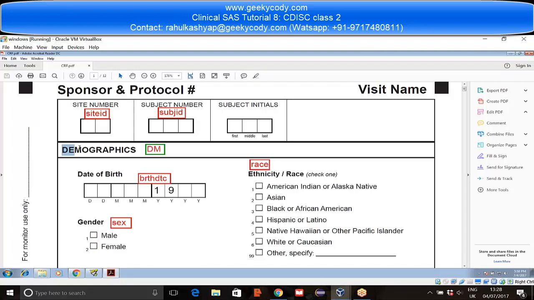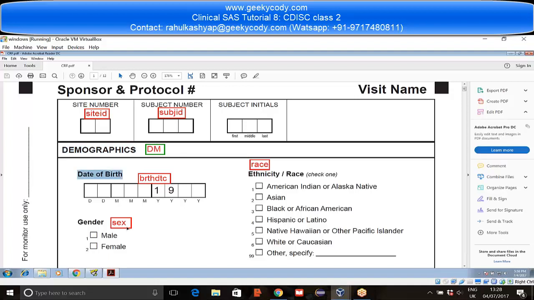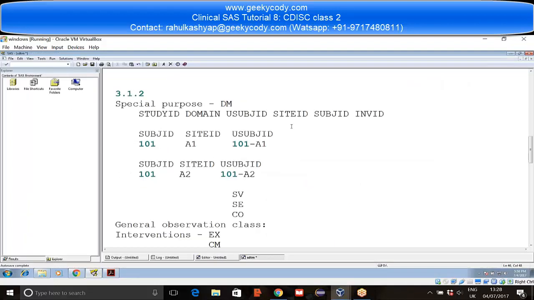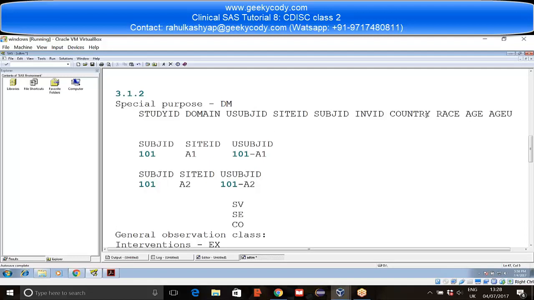I told you the CRF name will be the domain name, and each column will become a variable name. Demographics generally have country, race, age units, ethnicity, and birth date. Here we have to write BIRTHDTC.